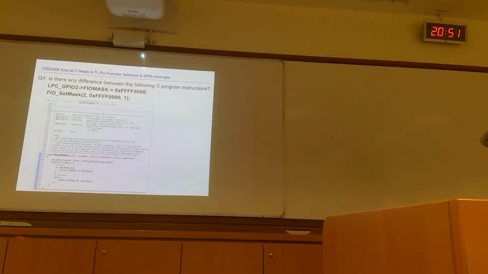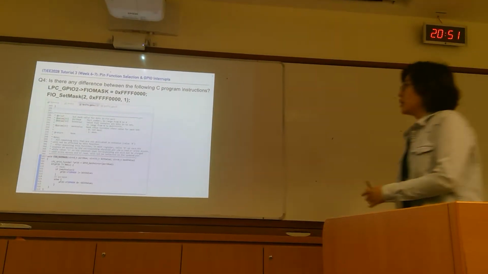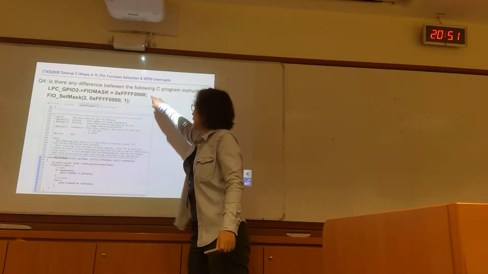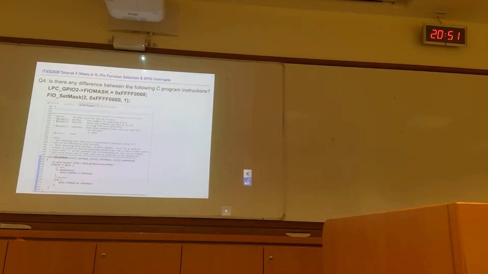Okay, so let's look at the question 4. Okay, so question 4 is asking you, is there any difference between this line and this line? Okay, so the first one, LPC GPIO2 FIO mask equals to this value.